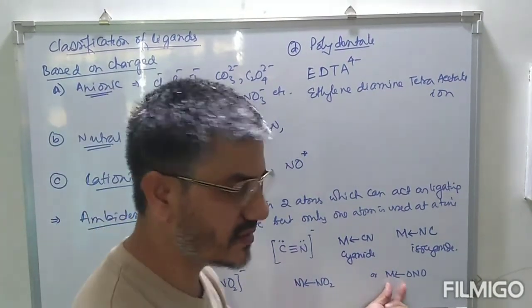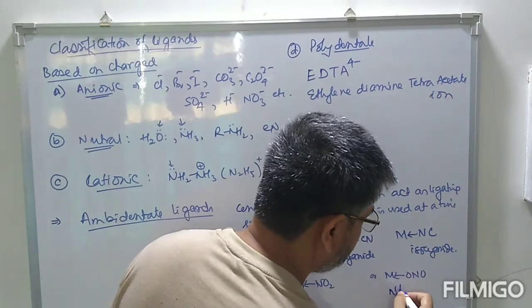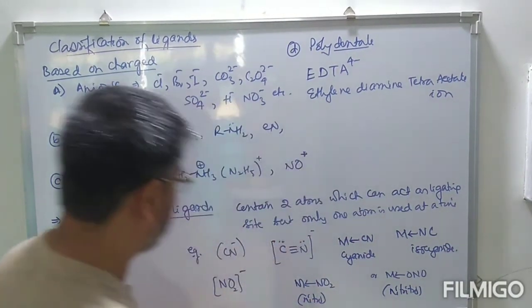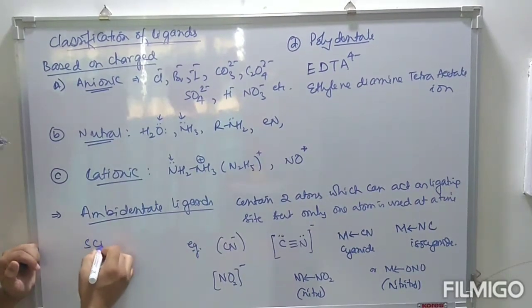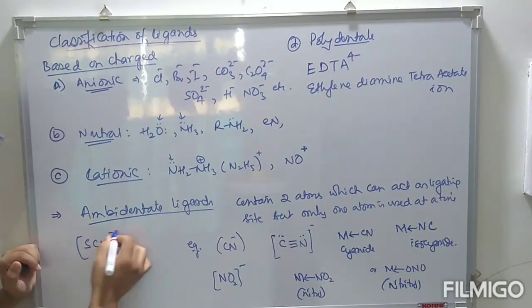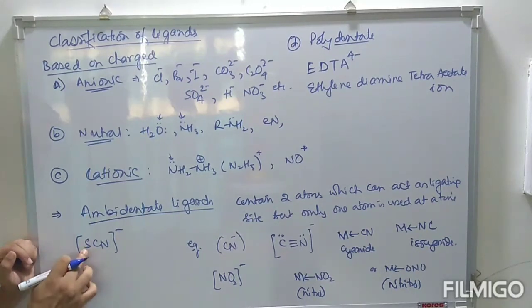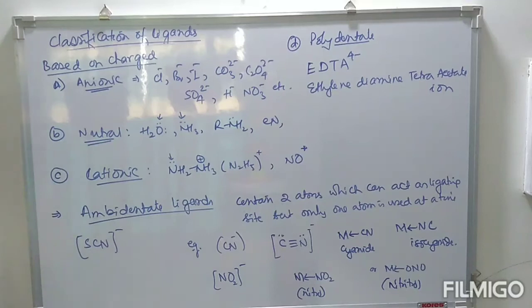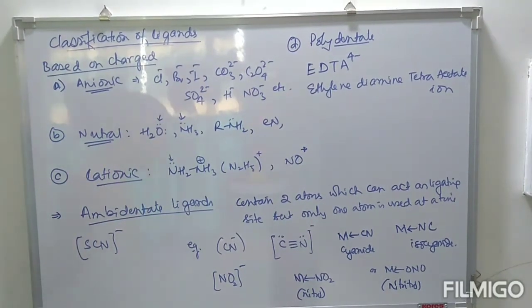Bonding to oxygen, nitrito. We can also look at SCN minus, thiocyanate. Bonding can be through sulfur or through nitrogen. So these types of ligands are what we call ambidentate ligands.